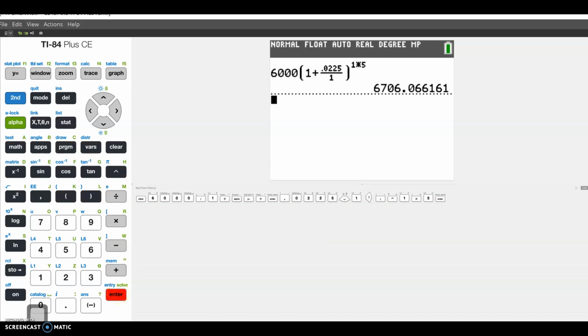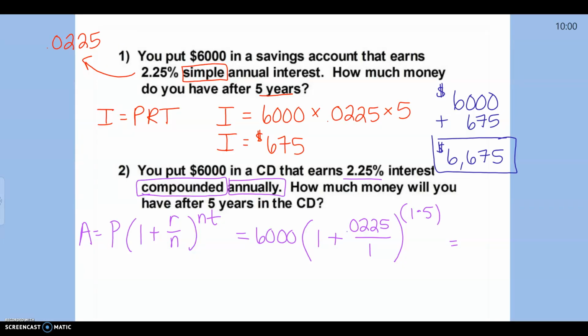And press enter. The cool part is this is how much money you're going to have in your account. So you're going to end up with $6,706.07. Now, the nice part again is you don't have to go and add it back, okay? That's just how much money is in your account when you compound annually.